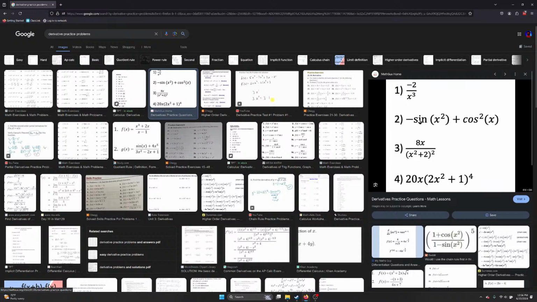Okay, so the derivative. One second. Let me see. I don't remember the quotient rule, so I'm going to skip number one and do number two. d over dx of negative sine x squared, and derivatives distribute. So the derivative would be. Wait, what was the chain rule again? I don't remember.